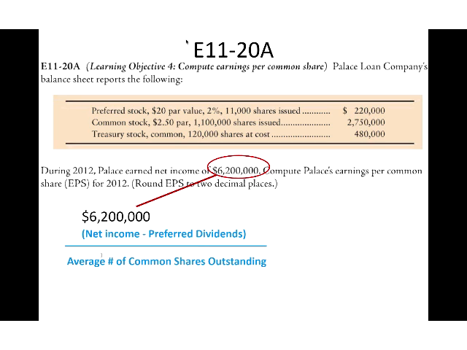So first thing, we're just going to fill in numbers. The first thing, our net income, $6,200,000. Now, our preferred dividends are going to be the par value of the preferred stock, the $20, times the 2% rate, times 11,000 shares issued.